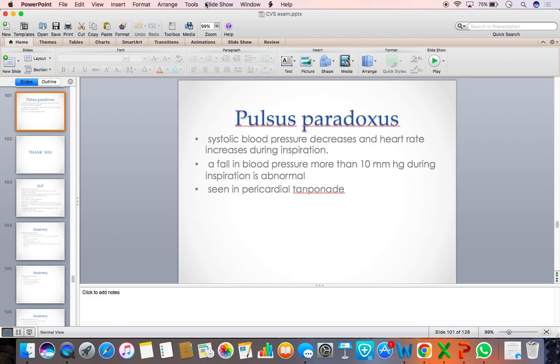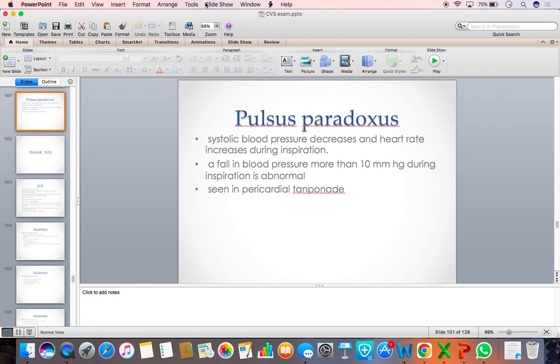Pericardial tamponade is the pressure exerted on the ventricular walls causing impedance for the ventricular filling during deep inspiration.